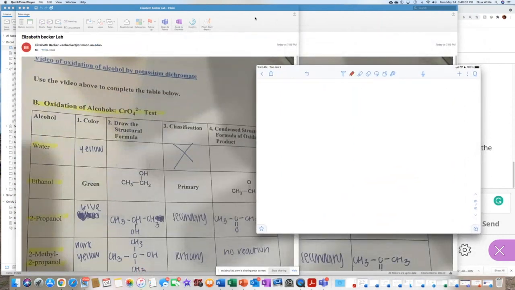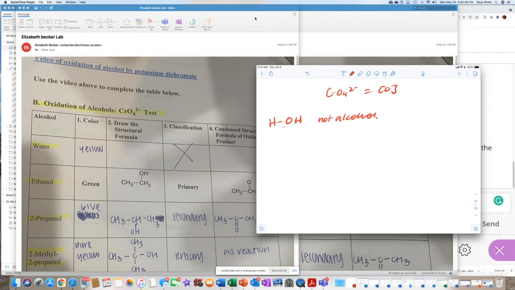Okay. So the goal here is to use chromate ion as an oxidizer, right? So the first one you're doing is you're working with water. And even though water has this formula here, water is not alcohol. Okay? How do you know that oxidation has taken place? When you watch the video, oxidation takes place when the color changes.